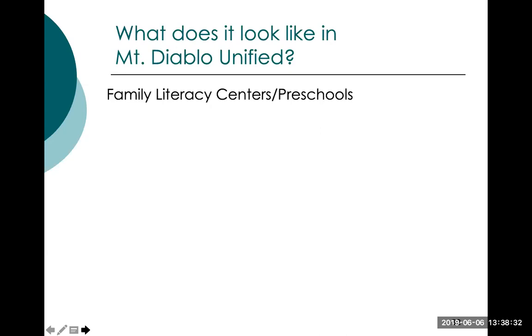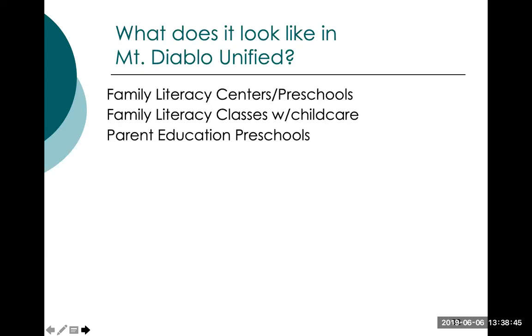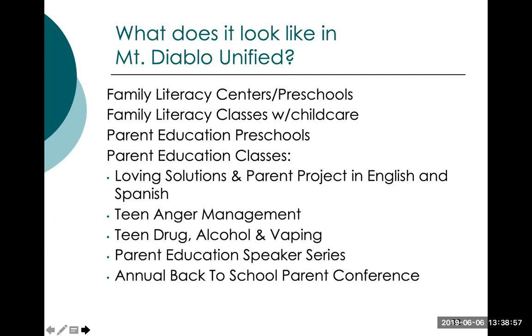They're specially designed buildings for this program on 2 of our elementary schools. There are family literacy classes with childcare at other elementary schools. There are parent education cooperative preschools at some key locations in our community, again, where folks don't have access to preschool. And there are a number of specialized parent education classes and courses.